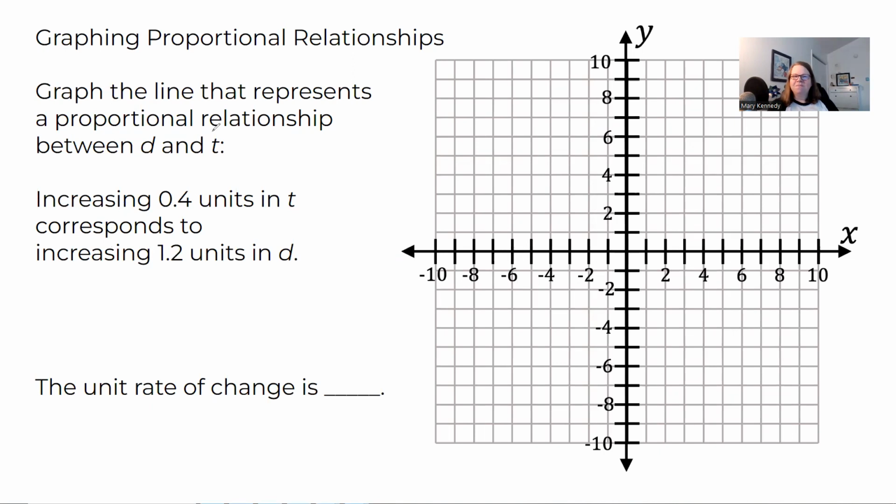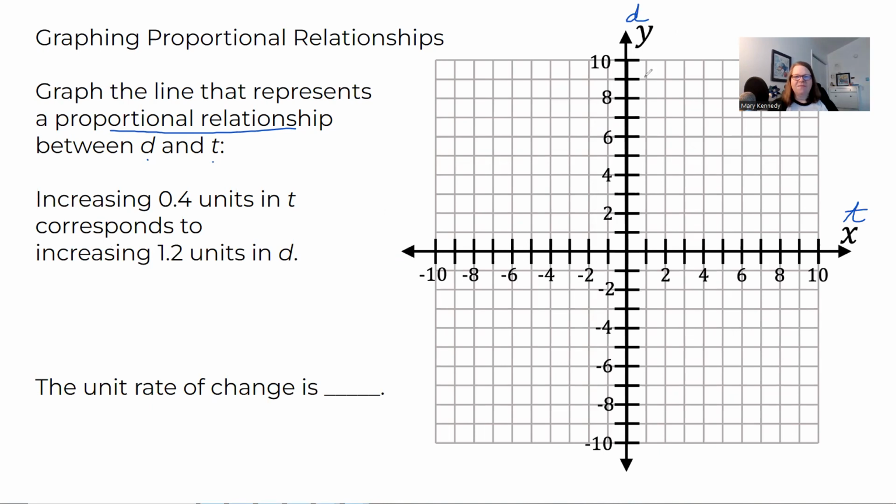So if we have a proportional relationship, then in this case with D and T, the T is time. That's going to be our x value. I'll put that over here where x is. And then D is our y value.